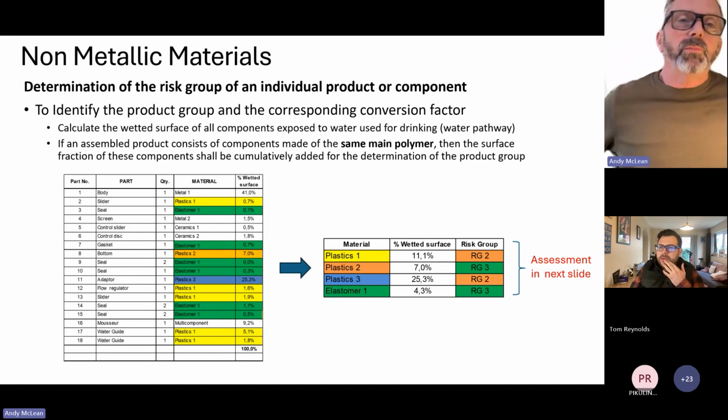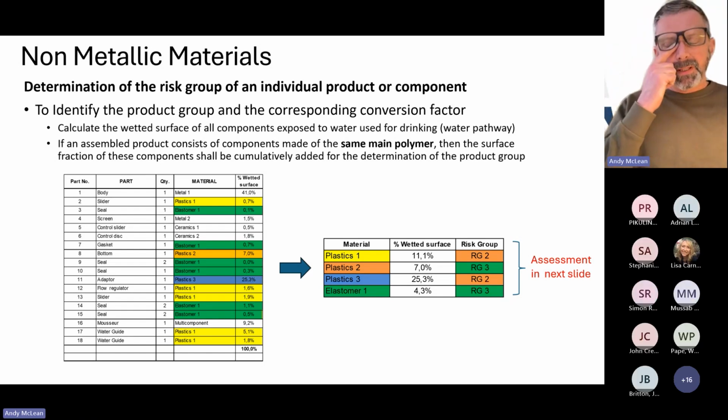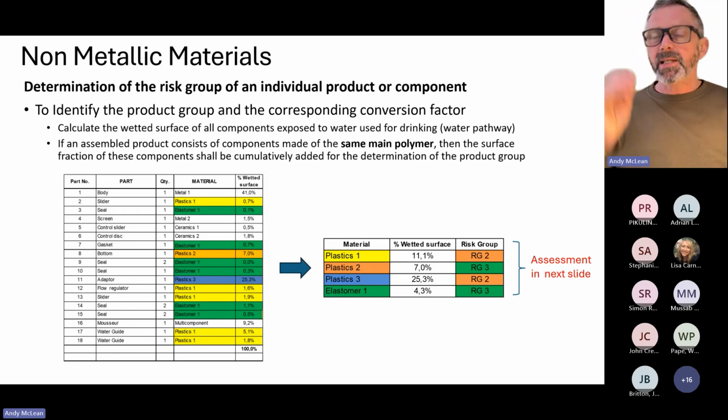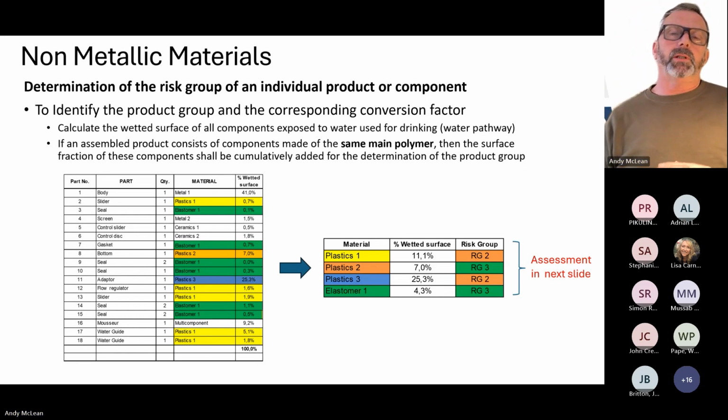So moving into non-metallic materials, I think again it's not overly complicated, but when you start to get into the detail of the document, what I've tried to do is provide an understanding of the whole process, but I think you'll see that some parts are more relevant than others on our products.